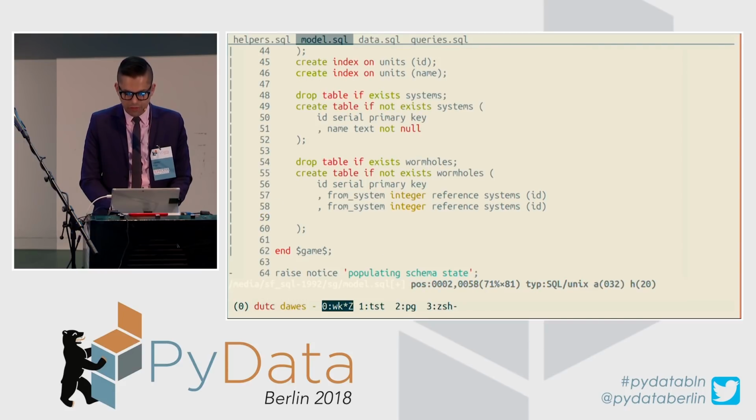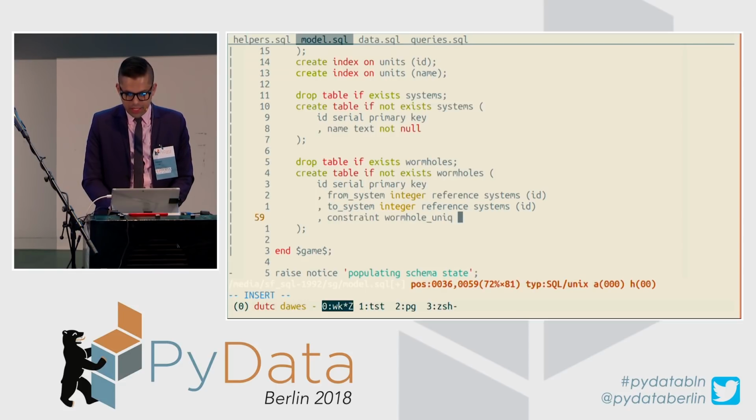So here you can think I'm creating a more generalized board than a square board. And one thing I can do is enforce that these are unique. So there's only one way to get from one place to another.